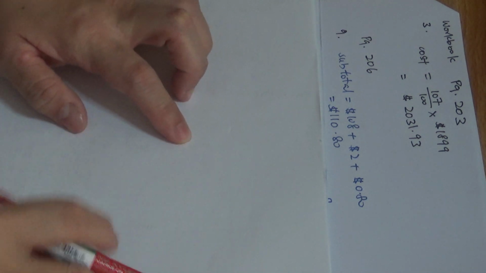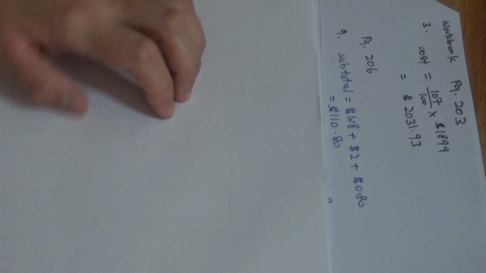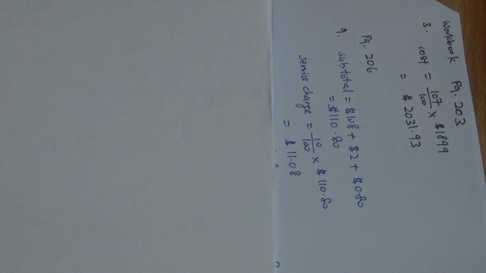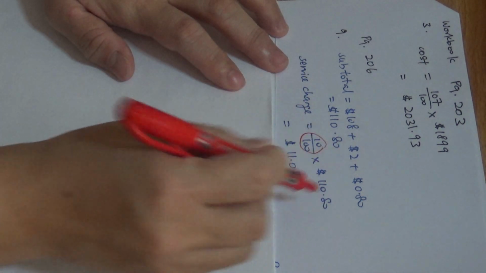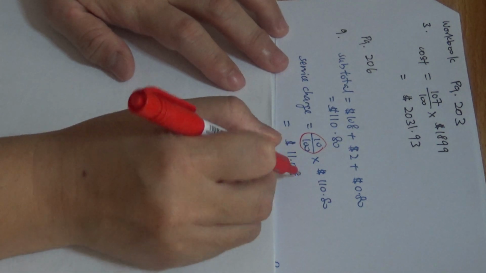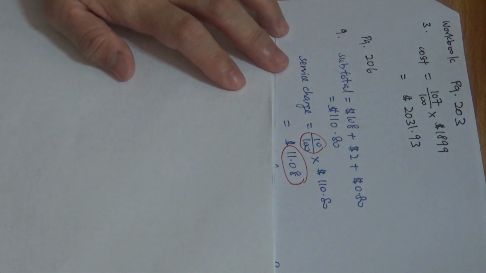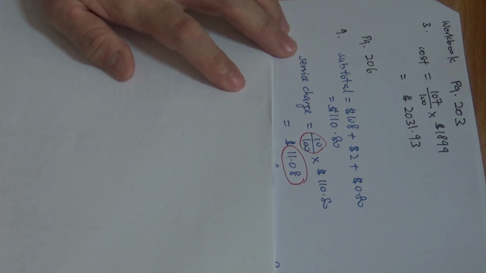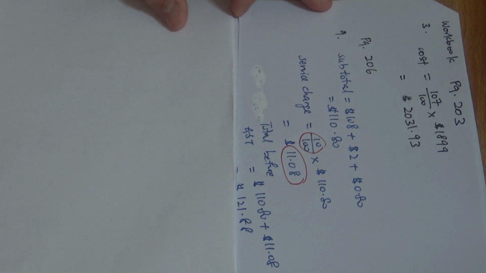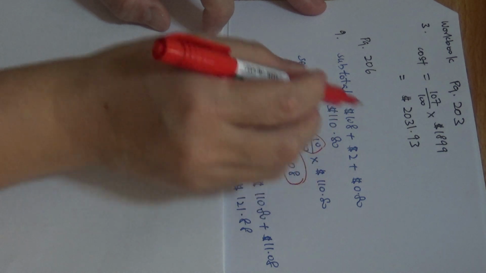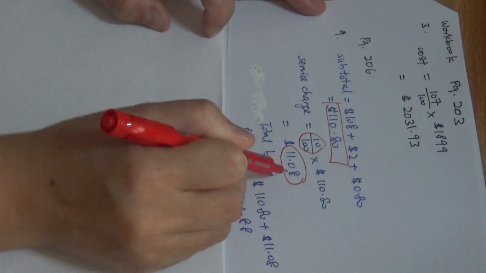Okay, next, they want service charge 10%. So I will find 10% of 110.80. I'll get 11.08. Alright, now then, total before the GST, I got to take this amount plus this amount.